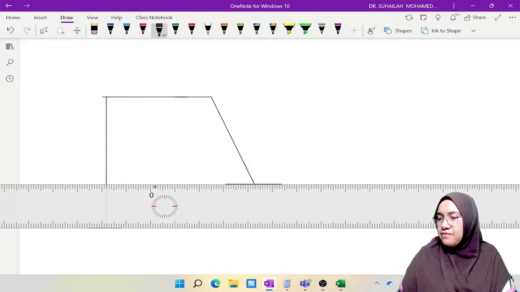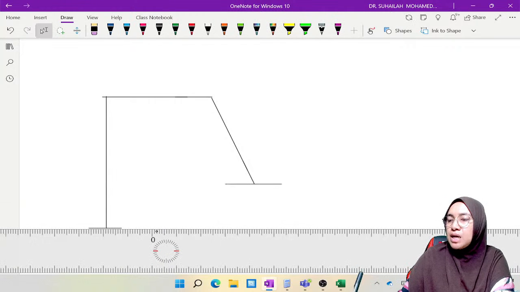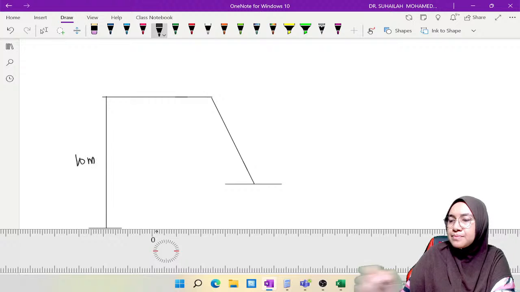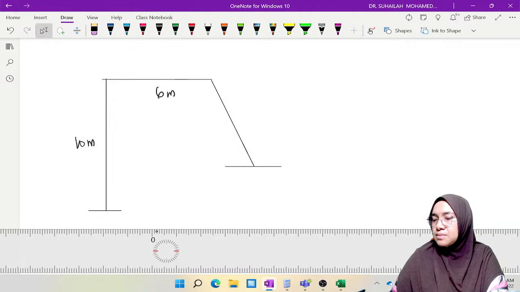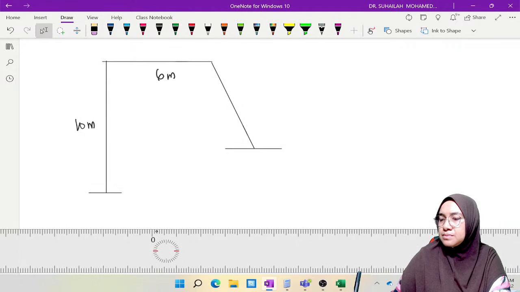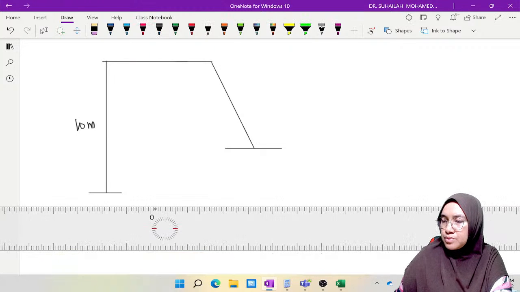This one is 10 meters and this one is 6 meters. I put 6 meters here.